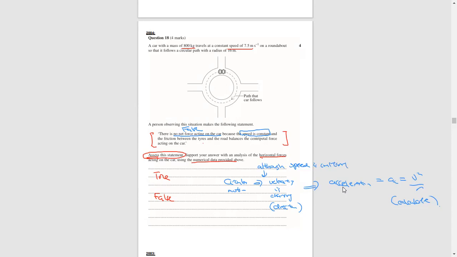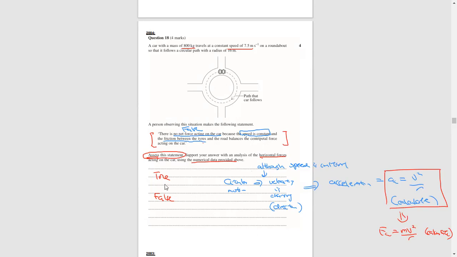We will then talk about how, because you have constant required acceleration, this needs a force. And again, we will calculate that using the data we've got, give a numerical answer of the force required. And then we would address that by saying that this force is actually provided by the friction between the tires and the ground. Okay. It doesn't balance out the centripetal force, it provides the centripetal force.